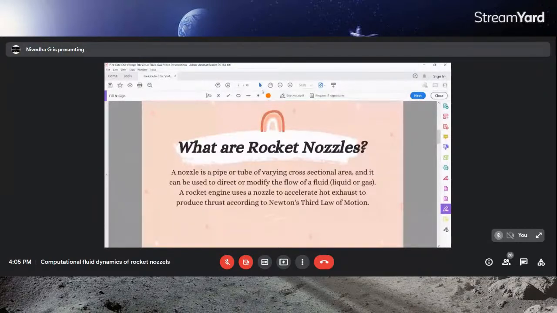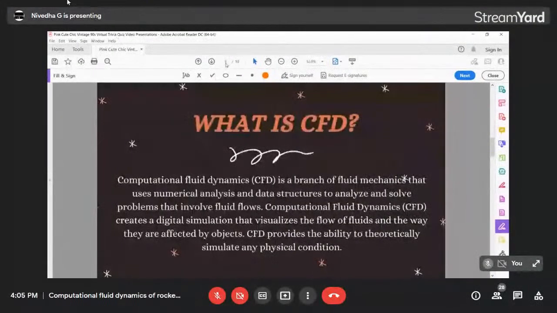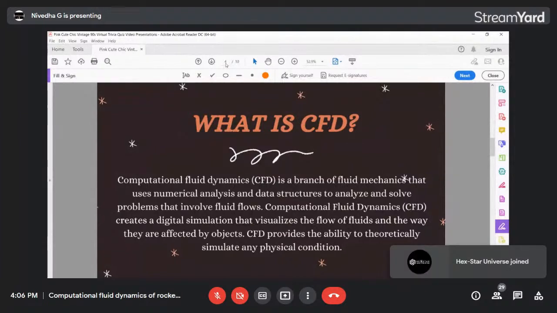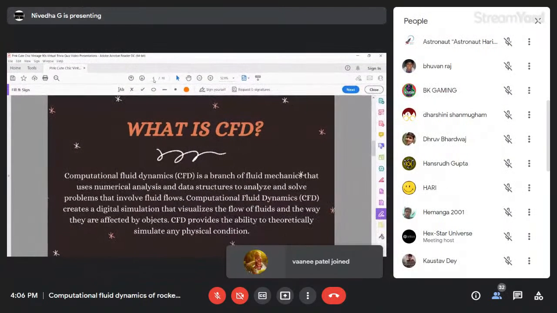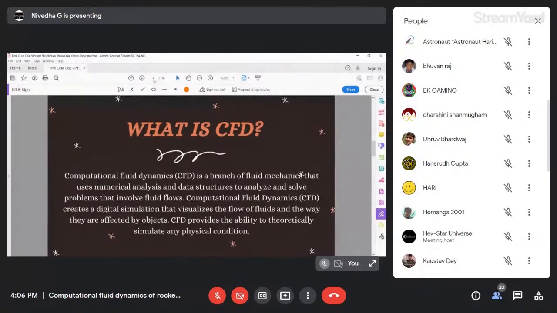Okay, cool. Now, what is CFD? CFD is, as you can all see on your screens, a branch of fluid mechanics. It uses numerical analysis to solve problems. So how do we solve problems? We are going to use our very old formulas like the Bernoulli's theorem and pressure equations, velocity equations, Navier-Stokes, etc. to solve a problem, which is the flow through your nozzle here.